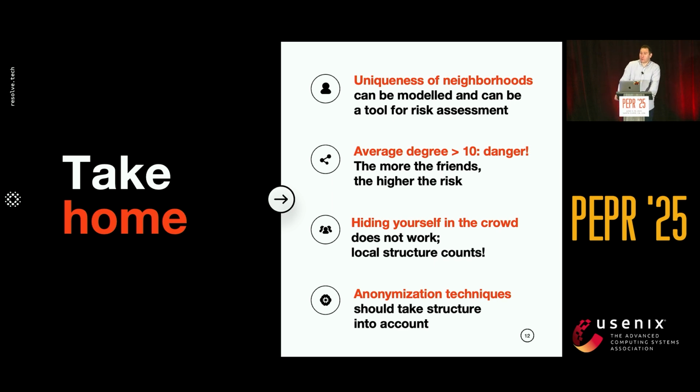If we develop anonymization techniques, we should take the structure into account, which is very important. This can be used in practice if you're dealing with graph data and you do not know the uniqueness of neighborhoods, but you know the average degree.